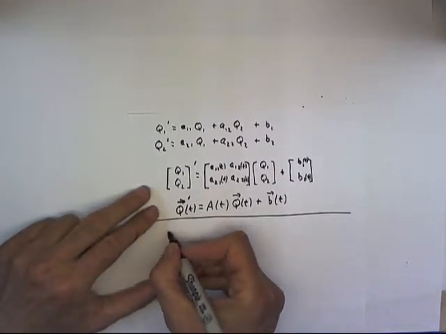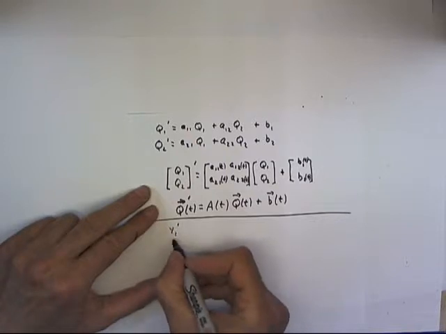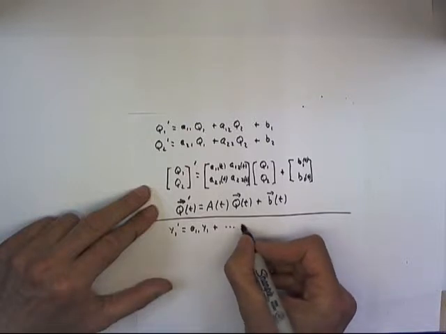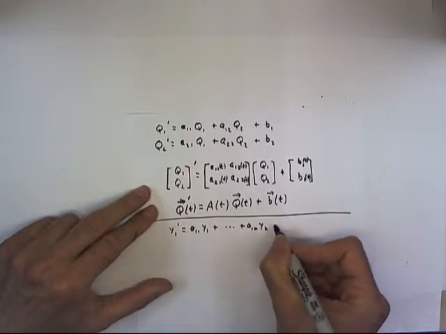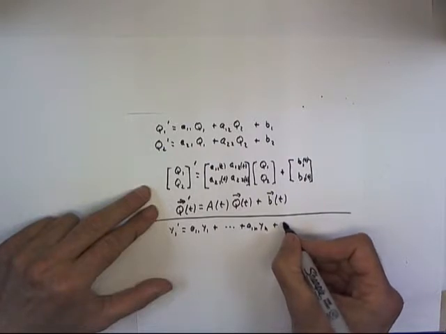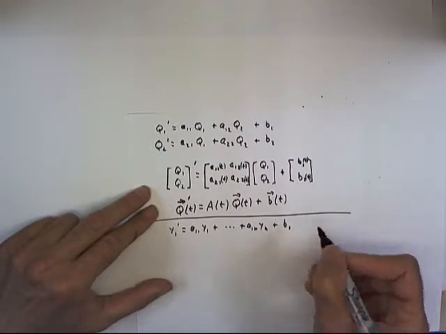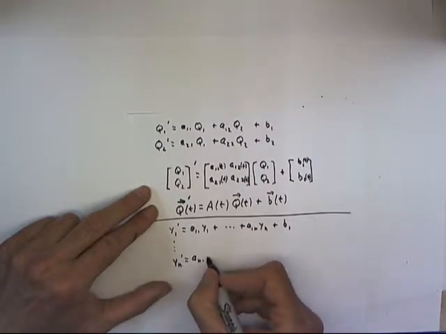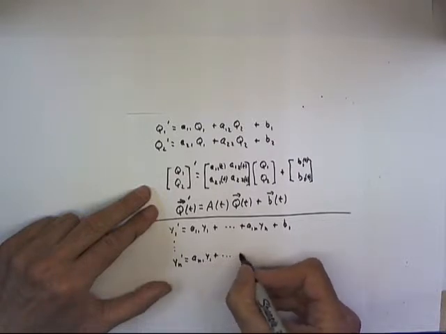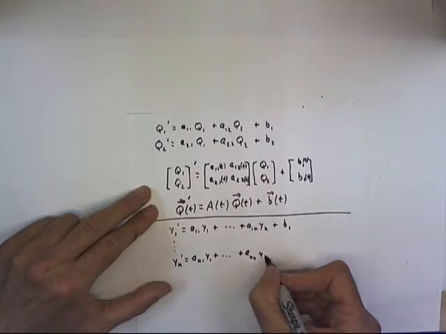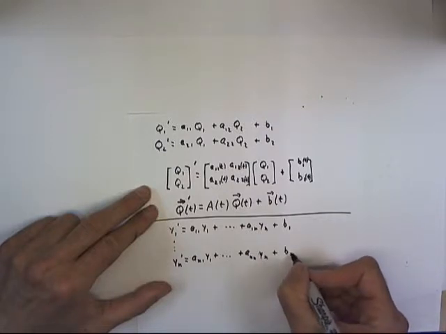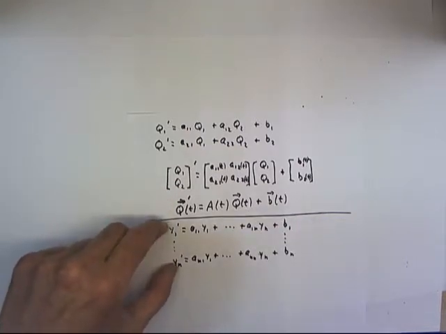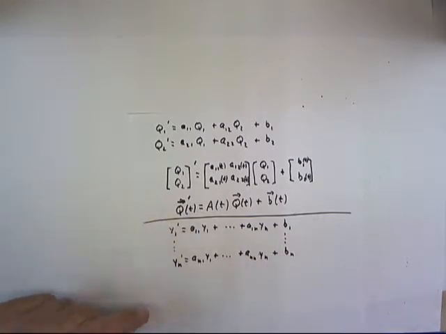The equations are going to be like y1 prime equals a11 y1 plus up through a1n y sub n plus, we could call it b sub 1, and down through y sub n prime equals an1 y1 plus up through ann y sub n plus b sub n, where we have all the equations for y2, y3, etc., following the same pattern of subscripts.